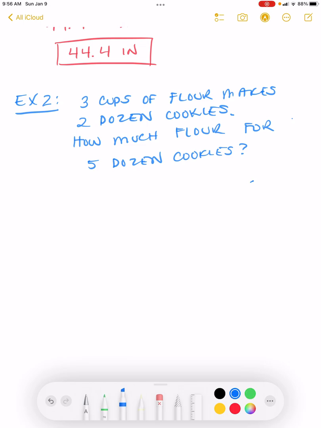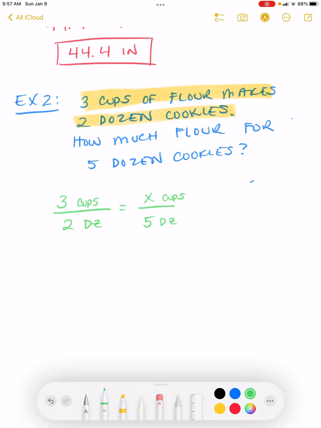take a second, write the problem down, and then join me with how to solve it. Okay, so we're going to start with the given ratio. The given ratio is right here, that 3 cups of flour makes 2 dozen cookies. So let's set this up. 3 cups of flour makes 2 dozen. And the reason that I like putting the units is because then I see that I'm going to put 5 dozen right here in the denominator, and I'm trying to find x cups.